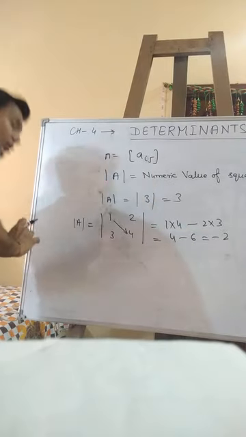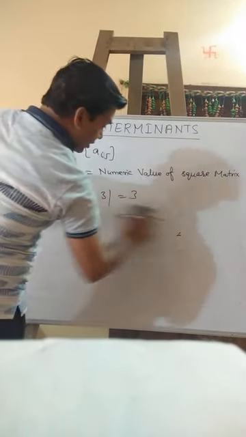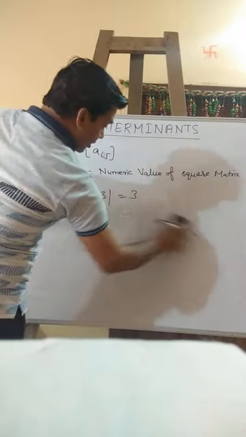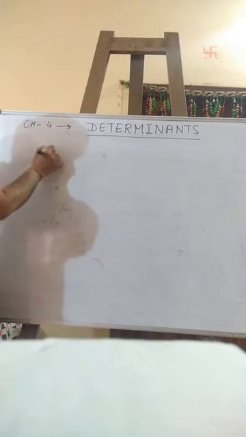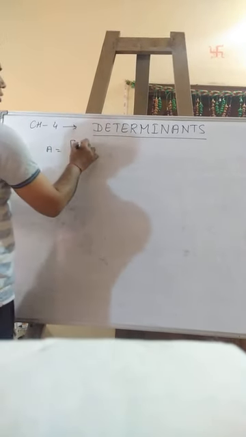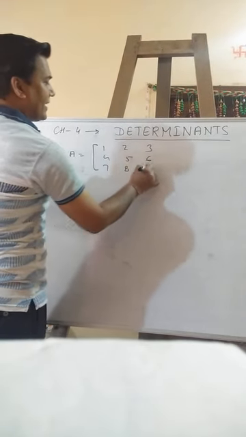And now we are going to learn about the third order. Suppose we have a matrix like this: 1, 2, 3, 4, 5, 6, 7, 8 and 9.